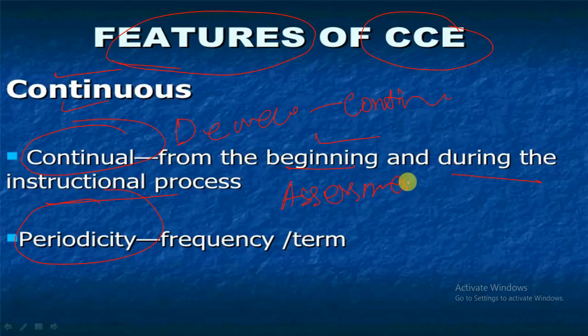If you want to do some assessment from the beginning of the class, you can also do that. This assessment during and at the beginning belongs to CCE. Okay friends, then periodicity. Periodicity means frequency and term, that you can do assessment in a calendar year of education.